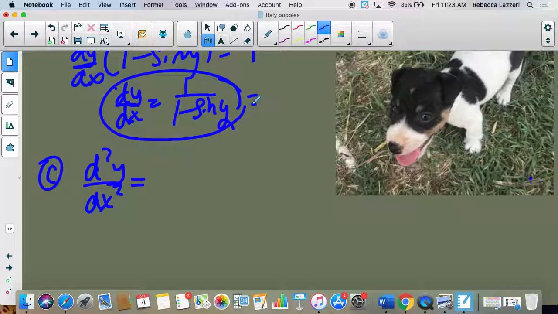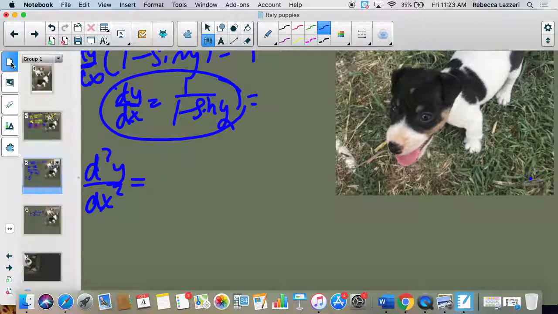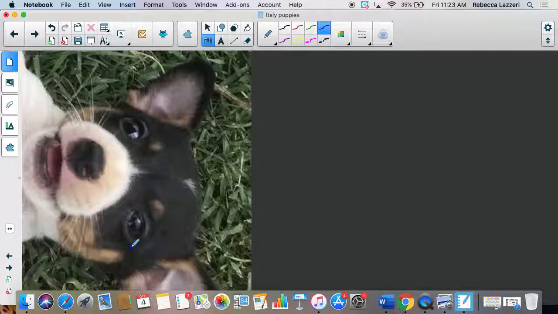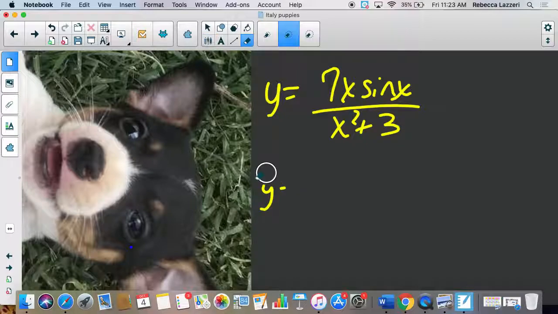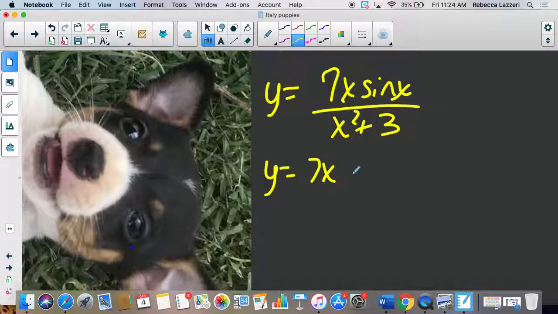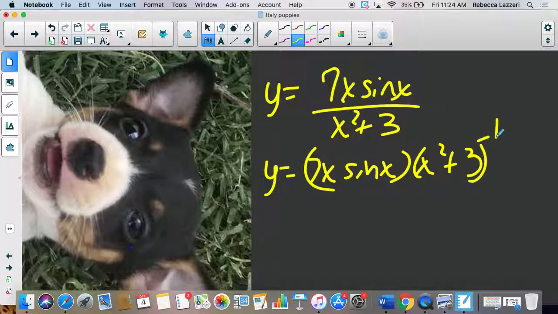What I mean by that is if I had this, y is equal to 7x sine x over x squared plus 3. Every year I have some students that want to do this. They want to take a moment to rewrite it: 7x sine x times x squared plus 3 to the negative 1 power.